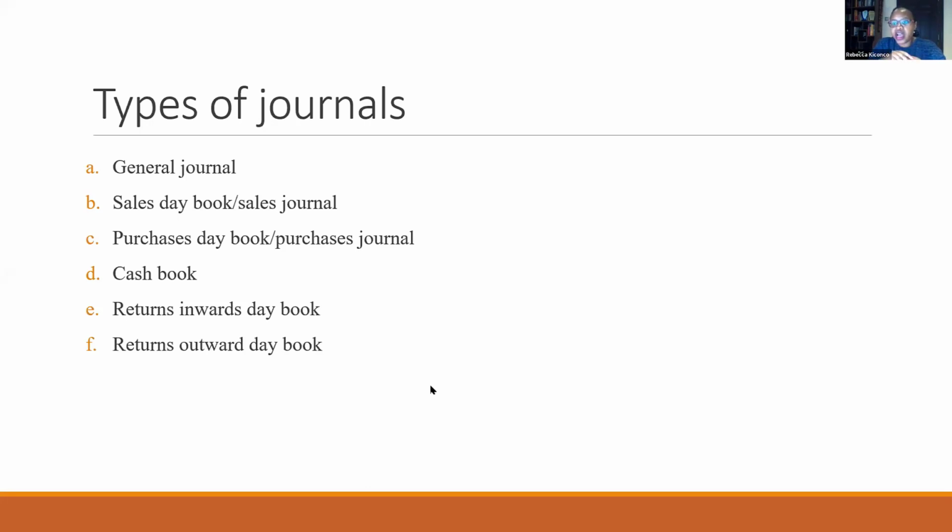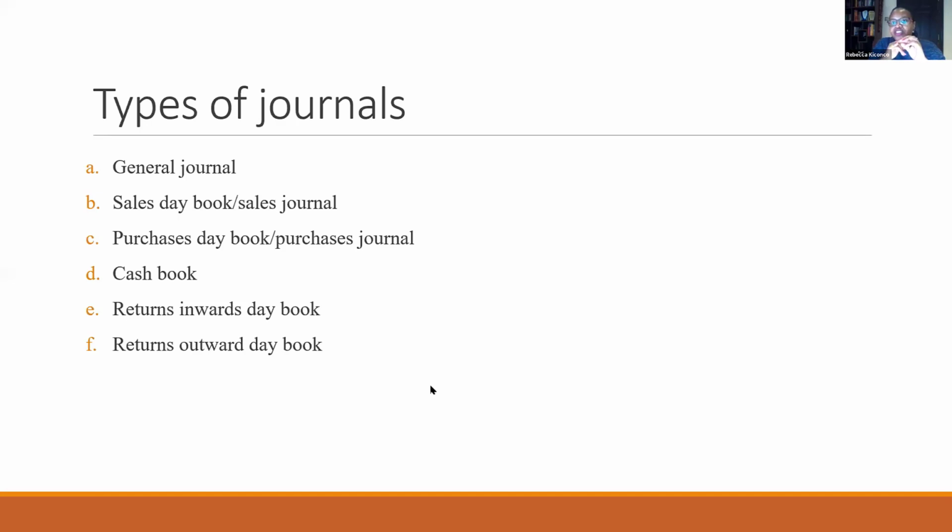Now, for your homework, I would like you to find out what some of those transactions are that are not journalized in the sales day book, the purchases journal, the cash book, the returns inwards, nor the returns outwards book. Those transactions shall be recorded in the general journal.